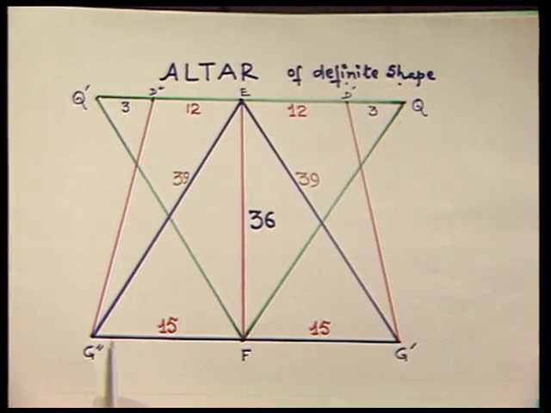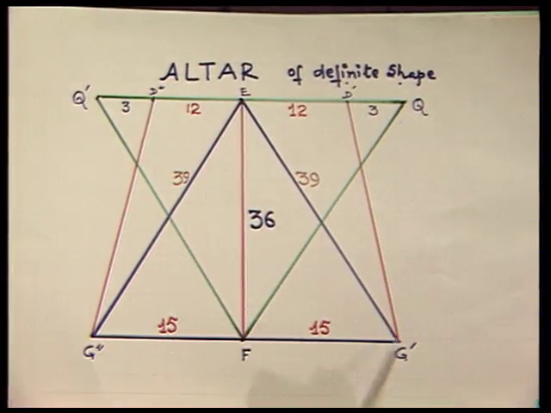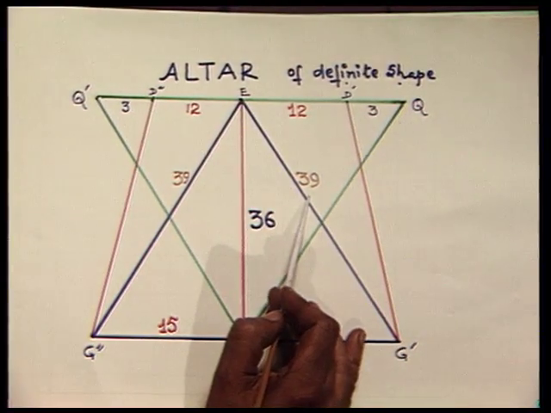Now, if we look at this total length G double dash G, it is 30 units with the midpoint, that is, this is 15 units. The distance between E and F is 36 units, and the distance between E and G dash is 39 units.